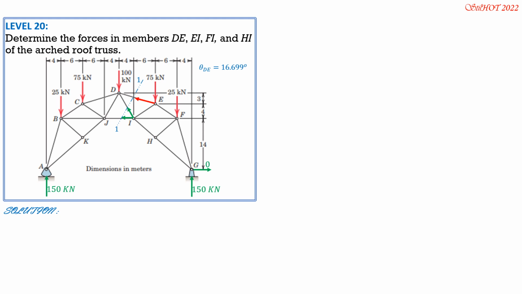So we sum up moments about I, or moment I is 0. The horizontal component is counterclockwise, so let's consider counterclockwise positive. The horizontal component of FDE is FDE cosine of 16.699 degrees, and the moment arm is 4 meters.